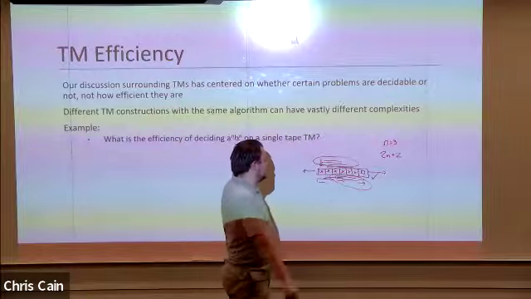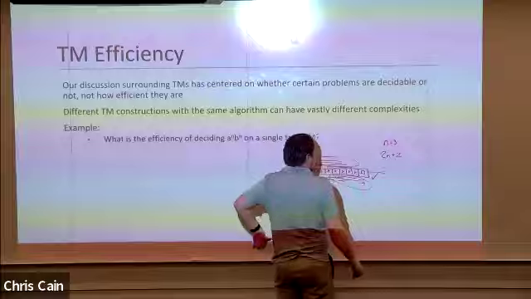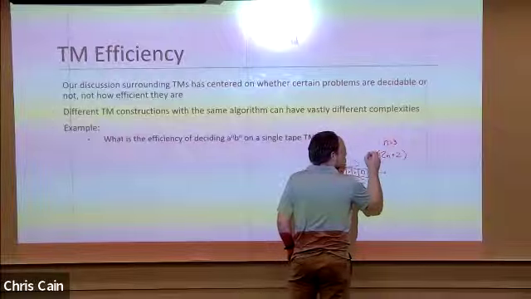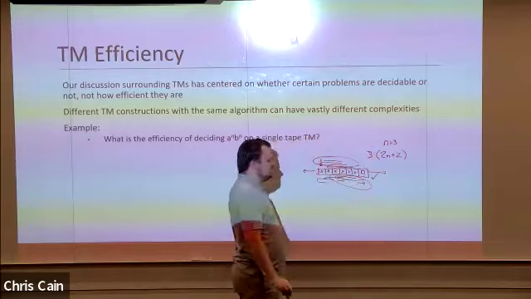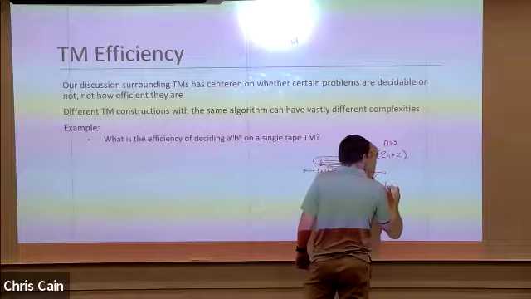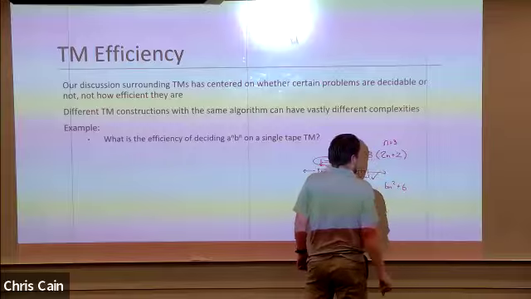How many of these are we going to need to do? 3 of them. So we end up with 6n plus 6, something like that.